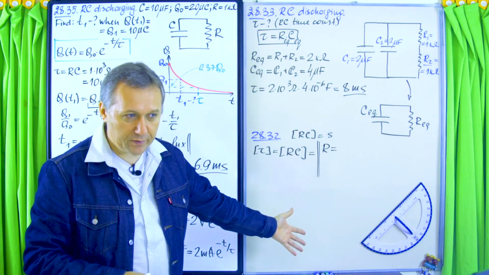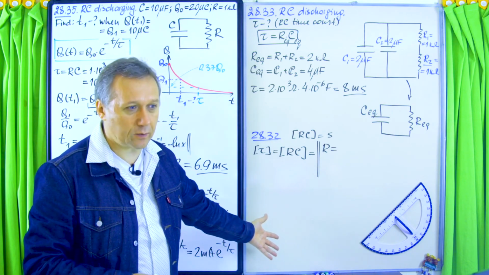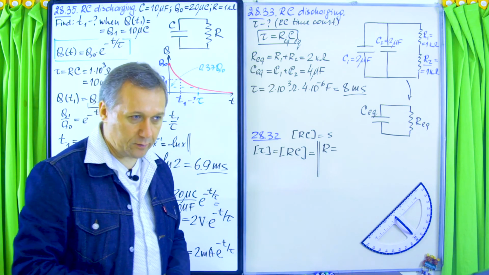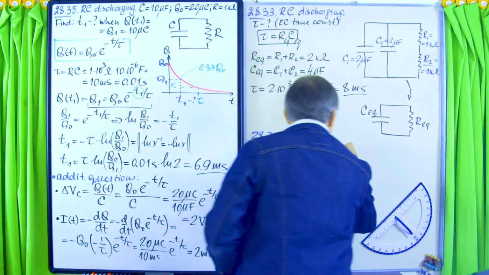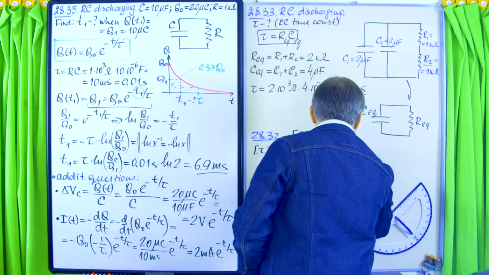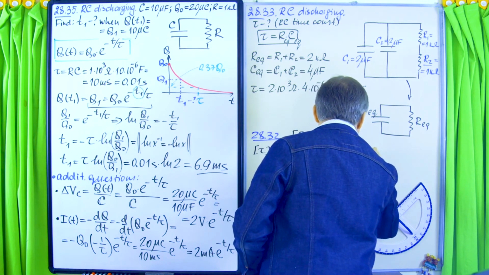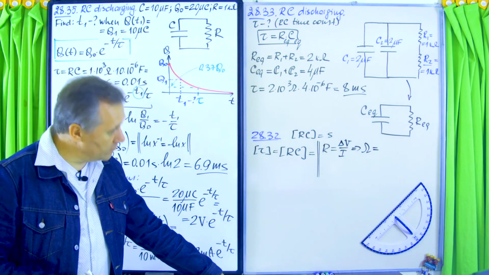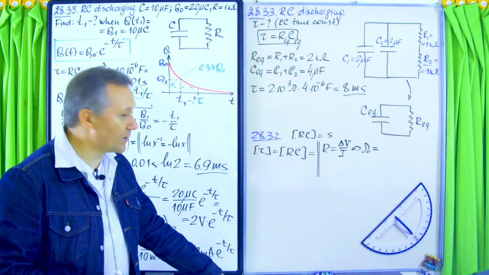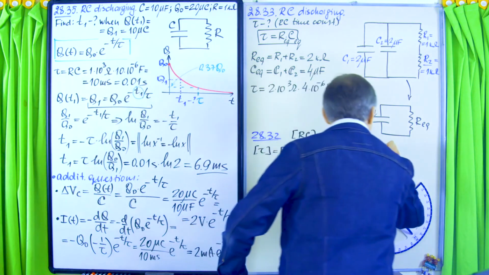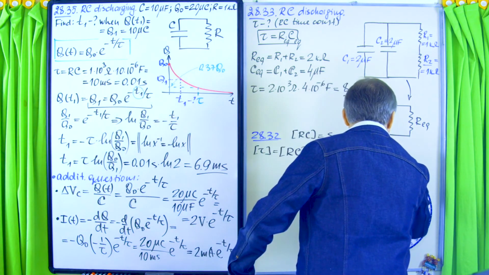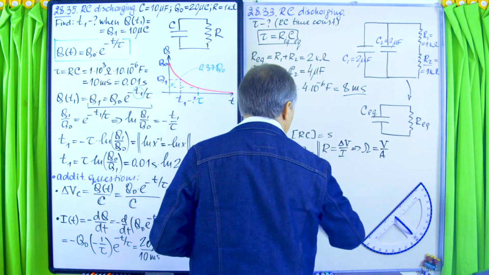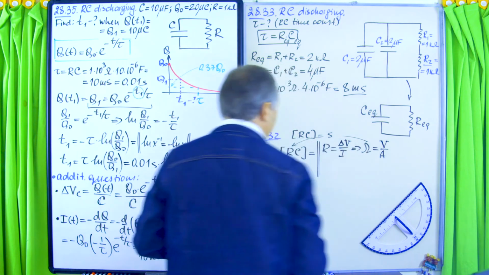You remember, resistance was introduced a few classes ago as the potential difference divided by the current through the element, so delta V divided by I. As a result, I can write that ohm is volts divided by amps. That's what I'm going to use instead of R.